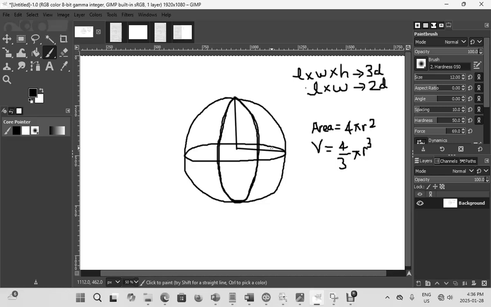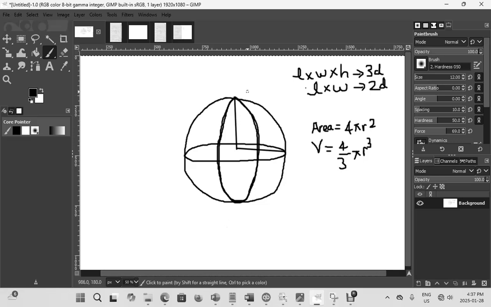Now, fortunately, we've been given the formula for the area, and this is 4 pi r squared, to figure out the length and the width. So length times width is equal to 4 pi r squared. To solve for the area, you will need the radius.